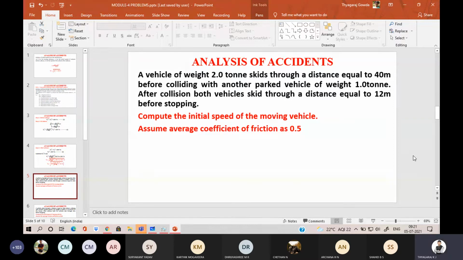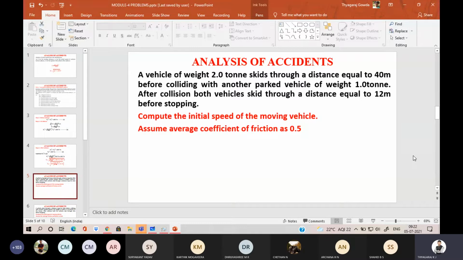A vehicle of weight 2 ton skids through a distance equal to 40 meter before colliding with another parked vehicle of weight 1 ton. Then after collision, both the vehicles skid through a distance equal to 12 meter before stopping. That is, it is a type 1 problem.